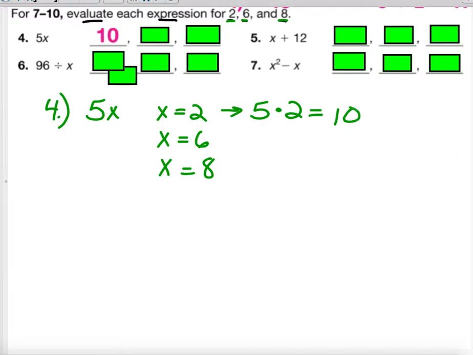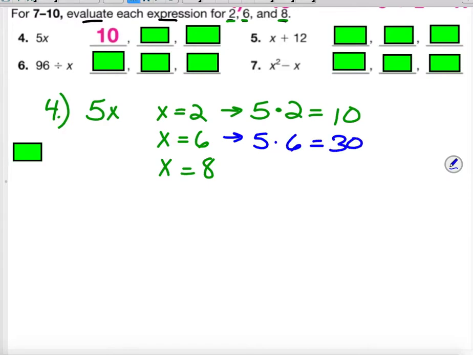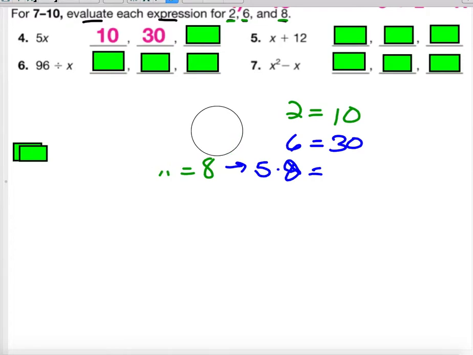And there is our answer. Then in the next scenario, we have 5 times 6, which equals 30. And then you would be able to figure out what 5 times 8 is, and you would get your answer.